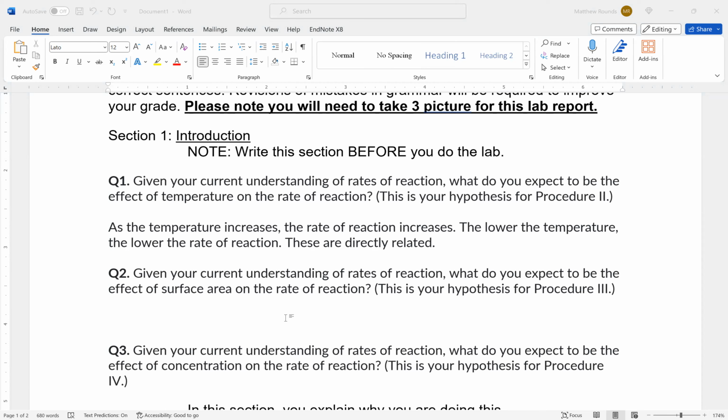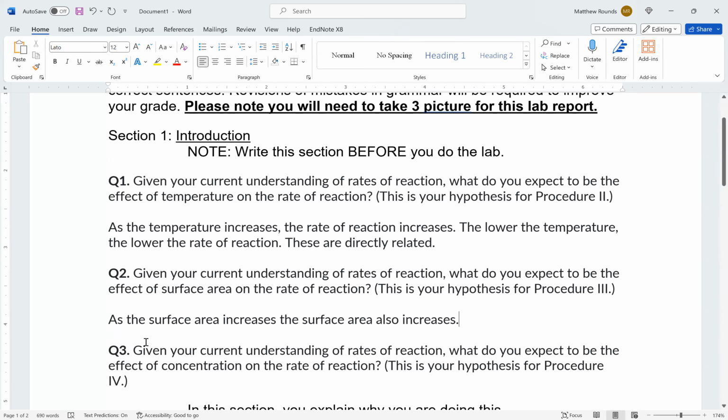Yeah, because I wrote it similar to the first sentence. No, the issue is that you say as thing one goes up, thing one goes up. Oh, oops. I forgot to put temperature. We already talked about temperature. We're talking about surface area and rate of reaction. Oh yeah.